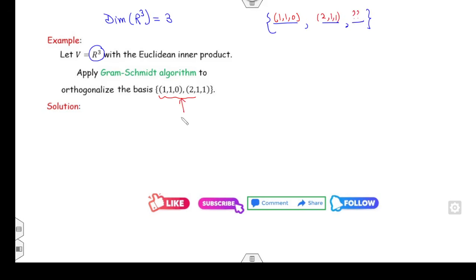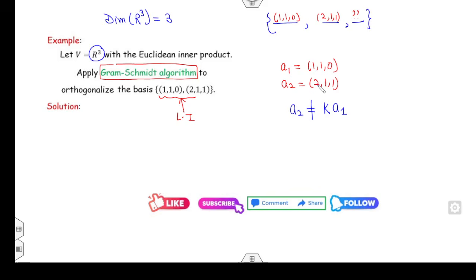firstly whether they are linearly independent or not, because whenever you want to apply the Gram Schmidt process, your target is to firstly write the linearly independent vectors. Fine. So let's start with this. A1 is 1, 1, 0. A2 is 2, 1, 1. So can you write A2 as any linear combination of A1? No, because you can see it's twice. If I multiply this number by 2, then clearly it's 2, but it is not 1.